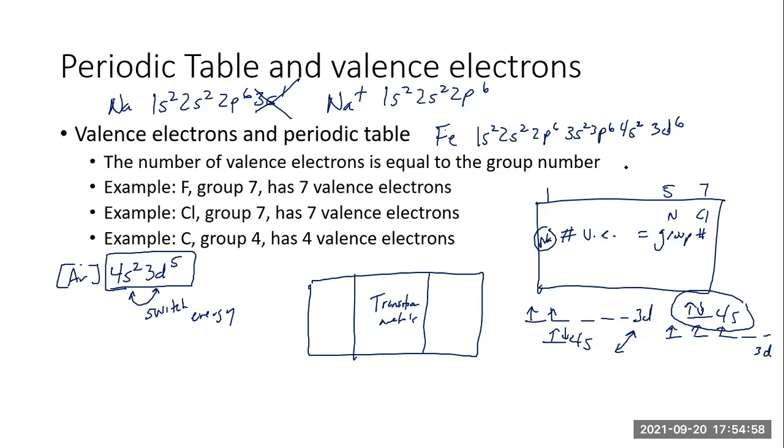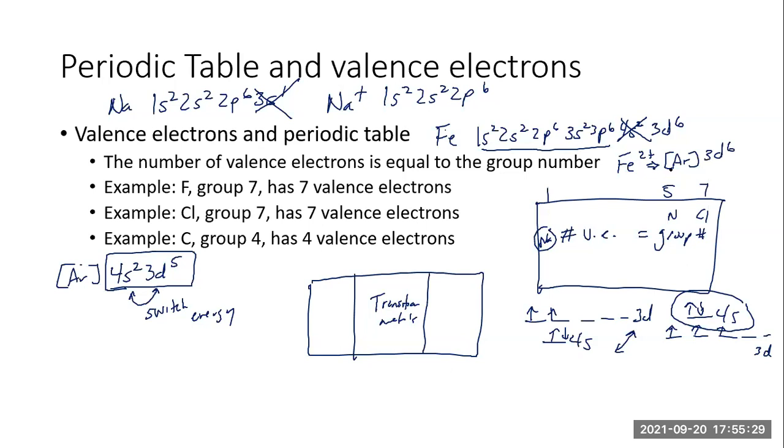When iron loses 2 electrons and becomes positively charged, even though the 3d6 is at the end, because this is a transition metal, it will lose the 4s electrons first. That always happens for transition metals. The correct configuration would be, I'm just going to shorthand it here, argon, which is this part of the configuration, and 3d6.